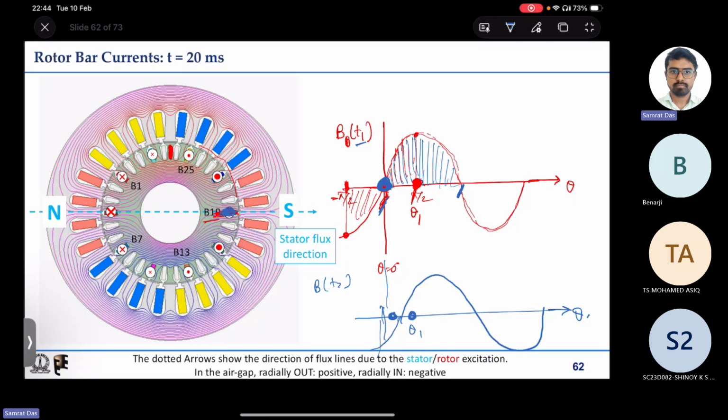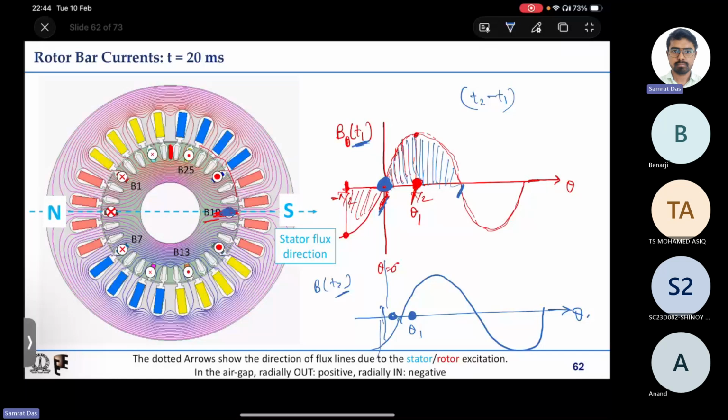Because the rotor has moved in the time interval from t1 to t2, within that interval t2 minus t1, you have to calculate the angle by which theta 1 has moved. So this will be the new theta 1 at the new instant.